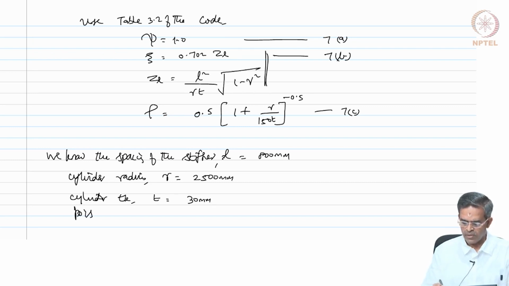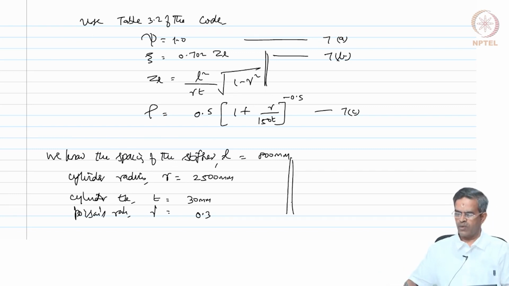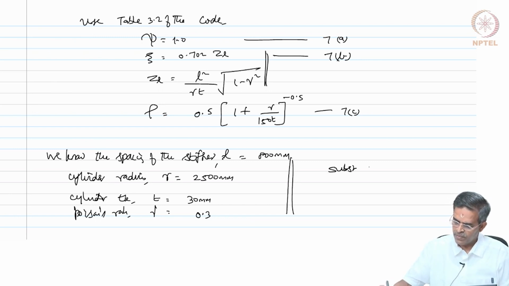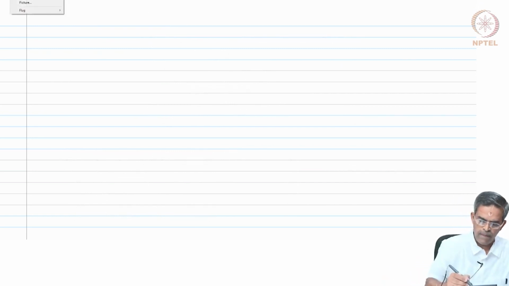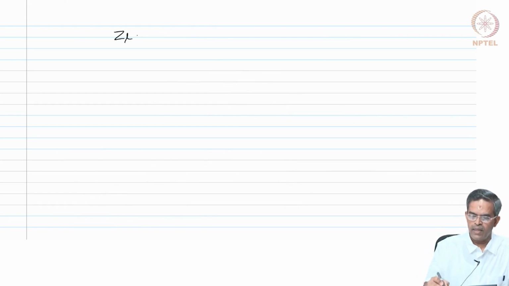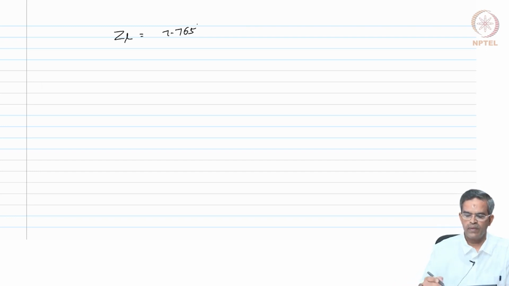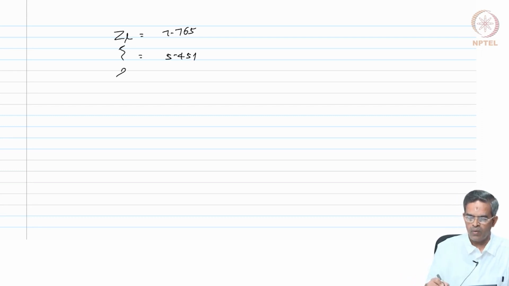We also know the Poisson's ratio, nu, which is 0.3. Now substituting this in equation 7, we get ZL as 7.765, zeta as 5.451 and rho as 0.401.